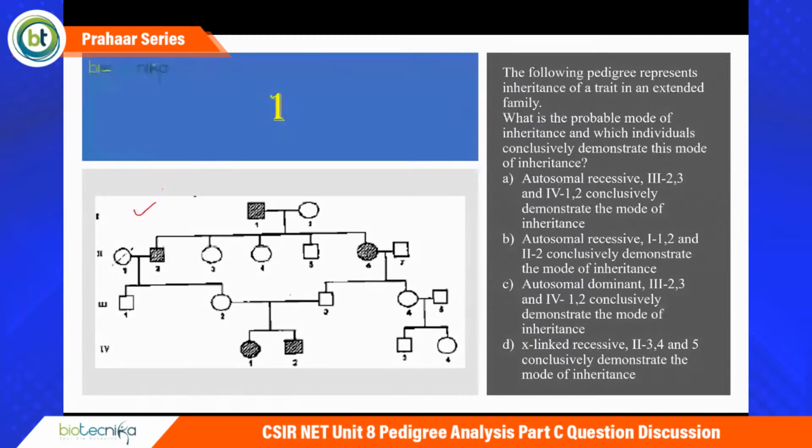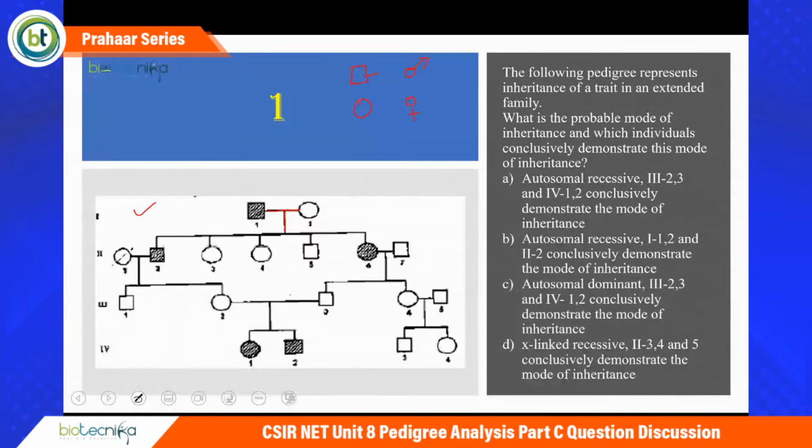First thing is that you should know the signs and symbols in a pedigree chart. Whenever we use a square, it means male, and a circle is for female. If there is mating between a male and female, there will be a horizontal line, and their offspring, who are the results of the mating, will be shown from the horizontal line.